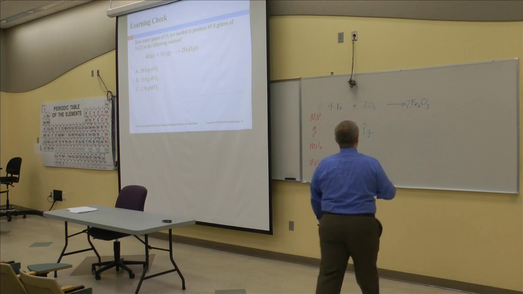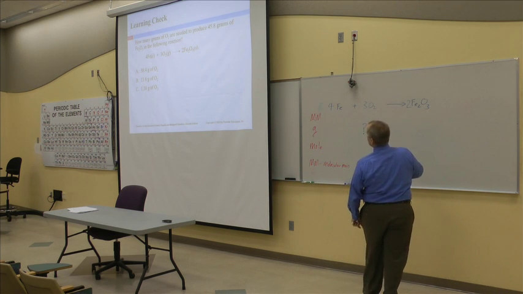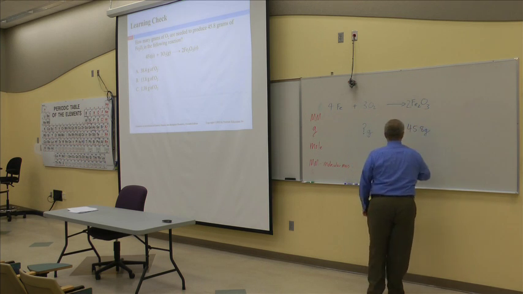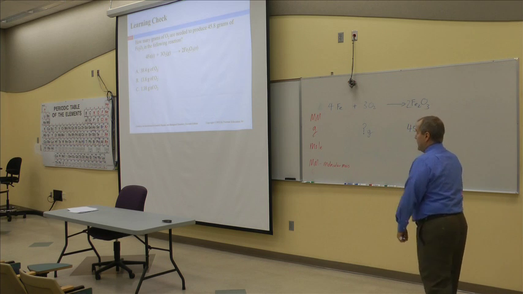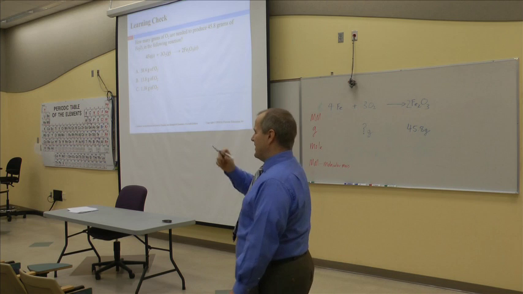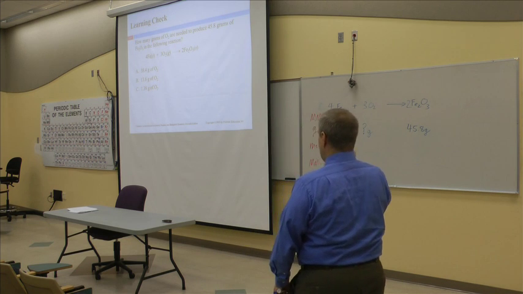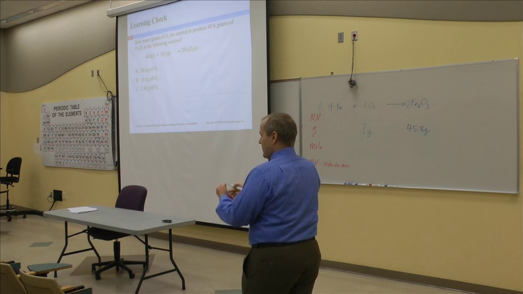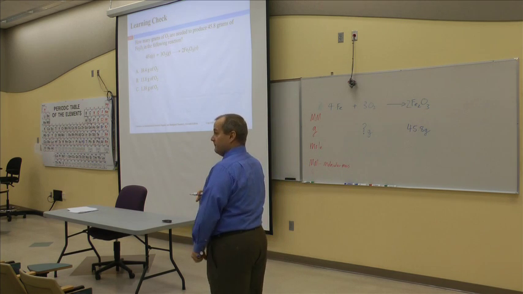So I know I have 45.8 grams of this. That appears to be all I know. But you guys are clever, and you know that you have more information. It's on the back of your exam. You have a periodic table, right?